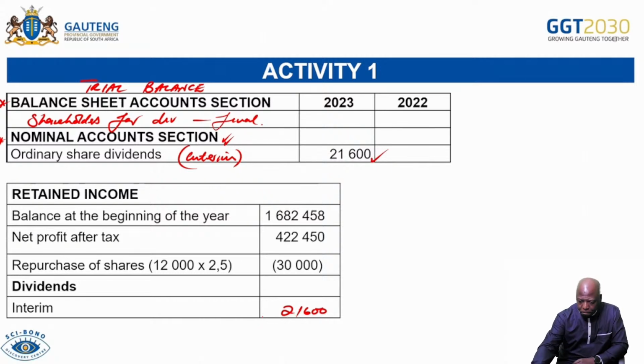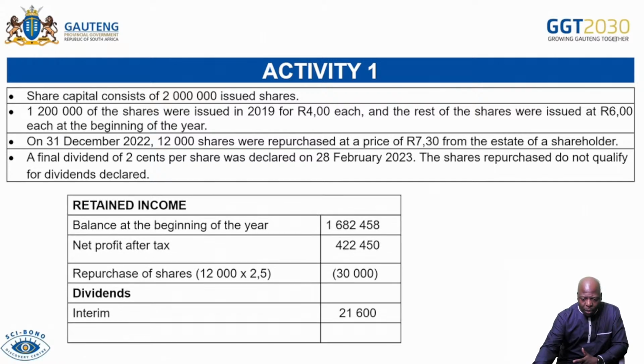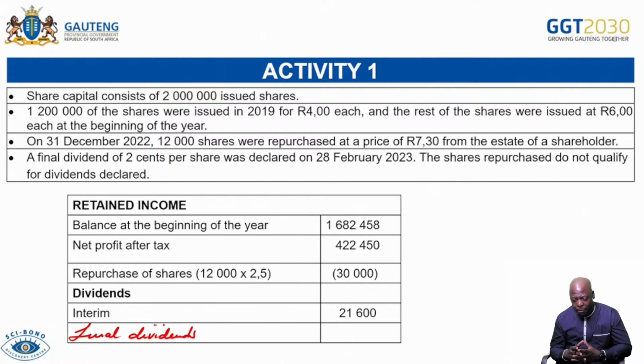Let's do that. Okay, so what we're left with now is to calculate our final dividends. Some in other classes would call them declared, still very correct. We are told a final dividend of 2 cents per share was declared on 20th February.